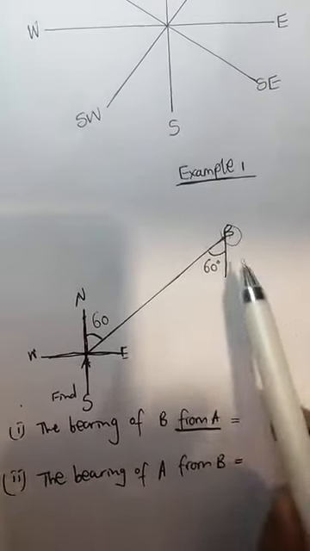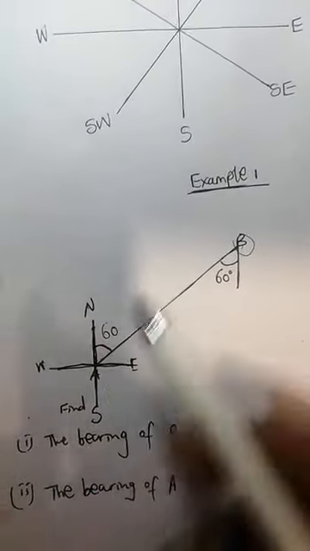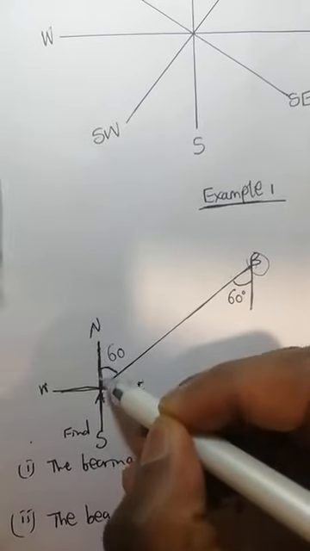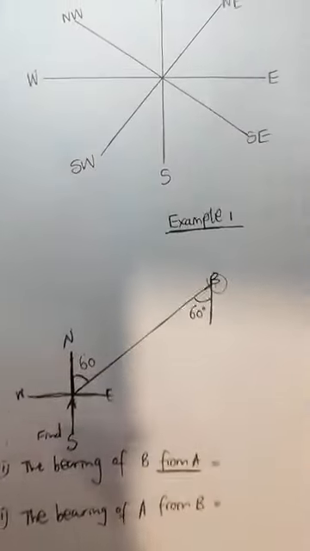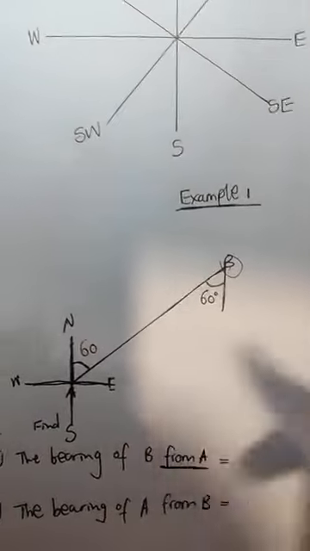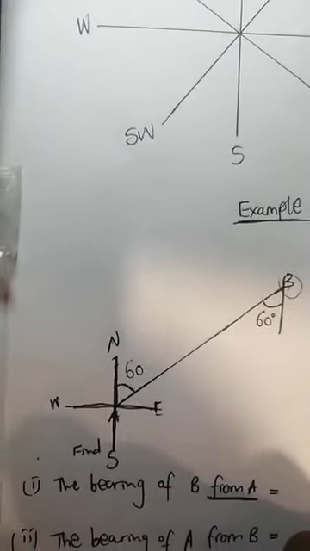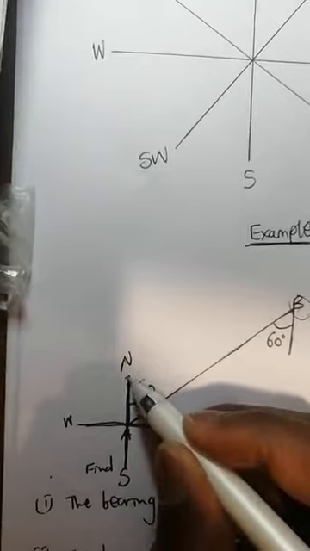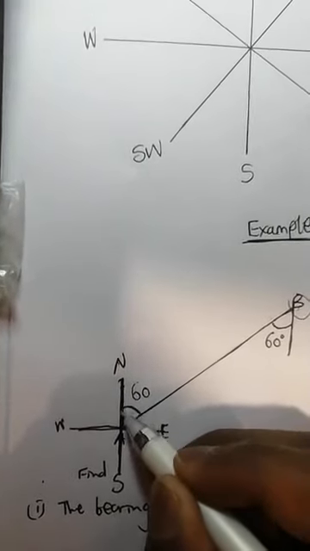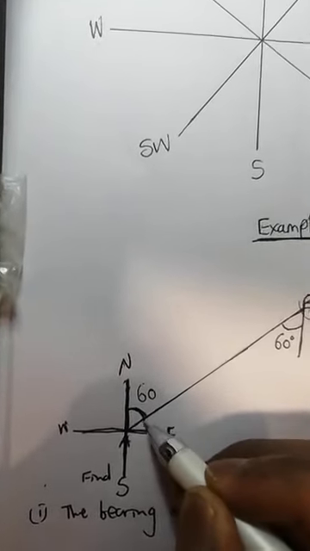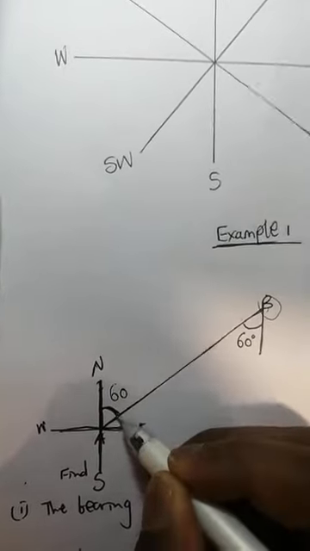So the bearing of B from A, we take our bearing from, so in compass bearing, we take our bearing from the north or from the south. So in this case, our bearing we take from the north, so it's north 60 degrees east.